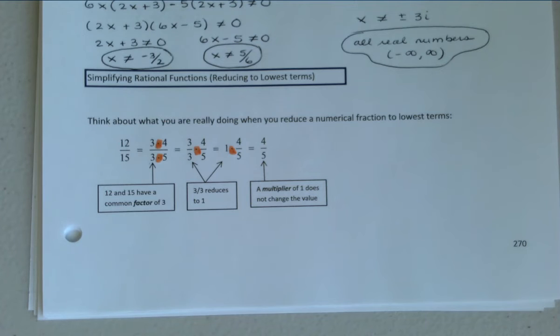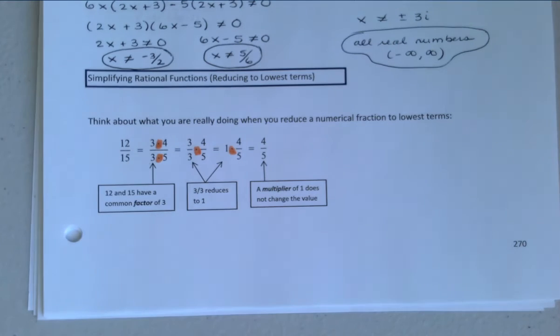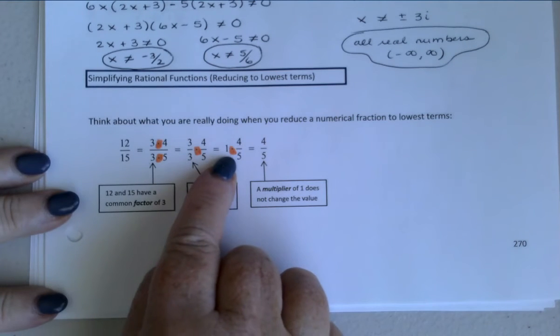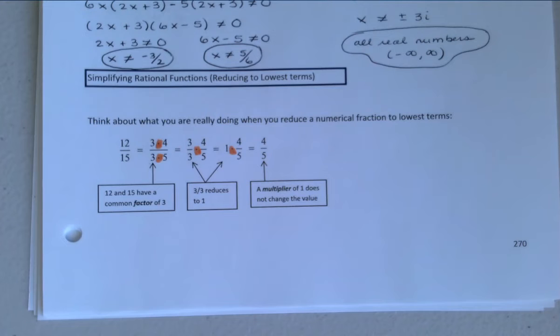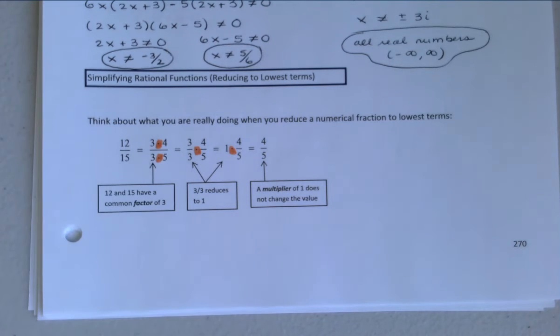That would not have worked if I had separated these into addition or subtraction problems or something like that. It was super important that they had to be multiplication, or I wouldn't have ended up with that 1 times anything is itself. We have to apply that same idea to our algebraic fractions. We will not be able to simplify them if we have addition and subtraction going on in the numerator and denominator. It's going to have to be multiplication, which means it has to be factors or factored forms that we use.